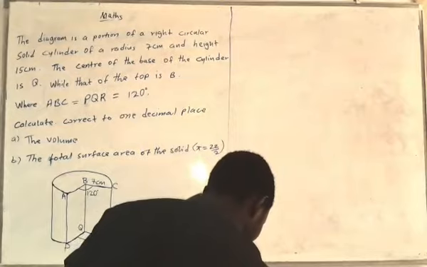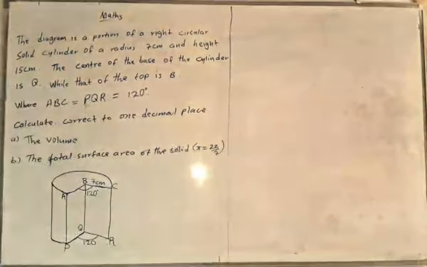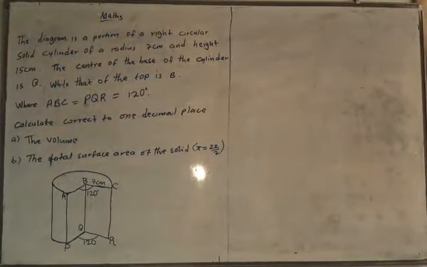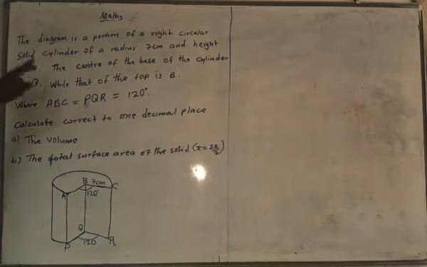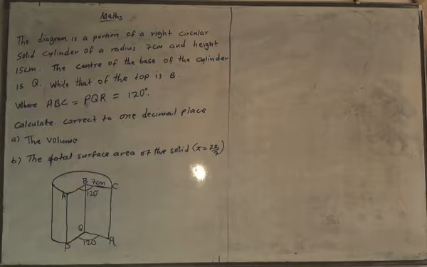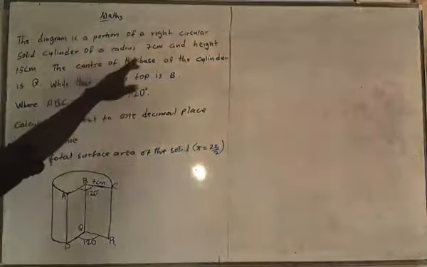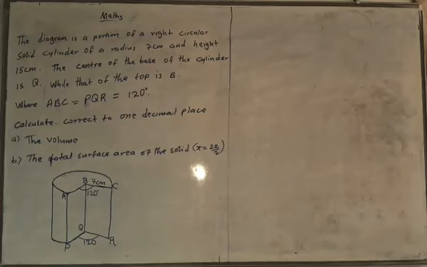Let me look for the year. WAEC past question 2002. The question reads: the diagram is a portion of a right circular solid cylinder of radius 7 centimeter and a height 15 centimeter.